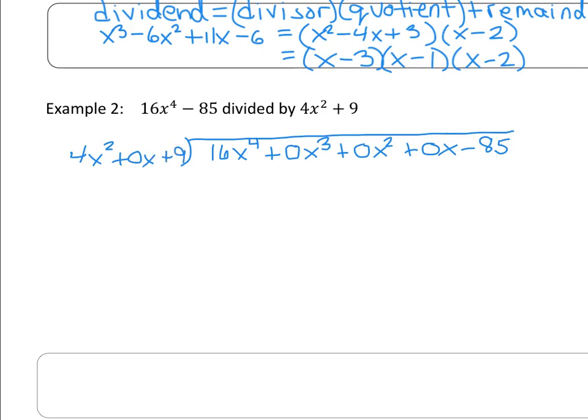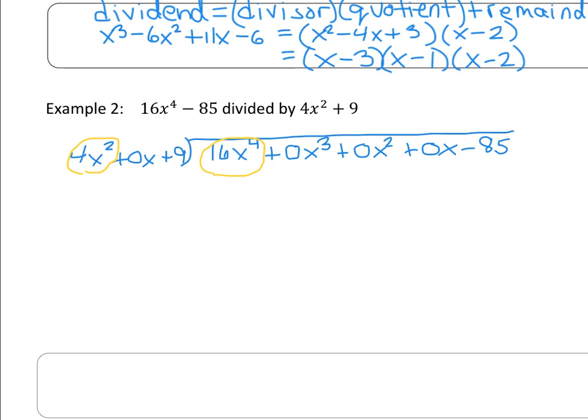Again, we're only looking at the first term in both the dividend and the divisor. So 16x to the power of 4 divided by 4x squared. 16 divided by 4 is 4, and x to the 4th power divided by x squared is x squared.